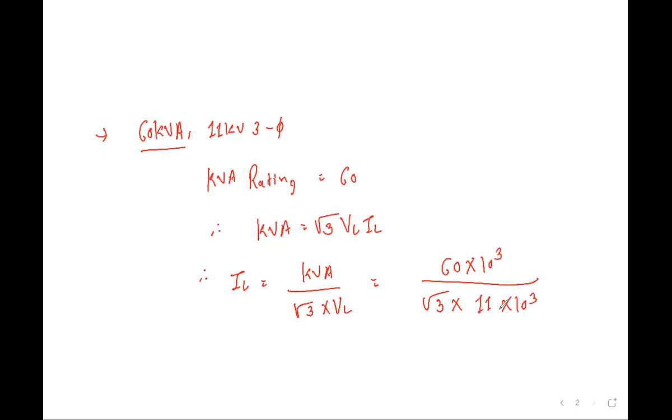We converted kVA into VA and kV into volts. So the 10 raised to 3 cancels out, and my IL is equal to 60 by √3 into 11. So that is the value of current, 3.14 ampere.